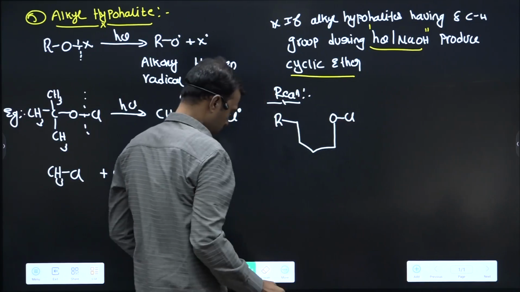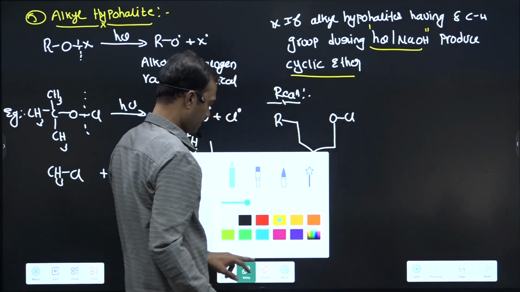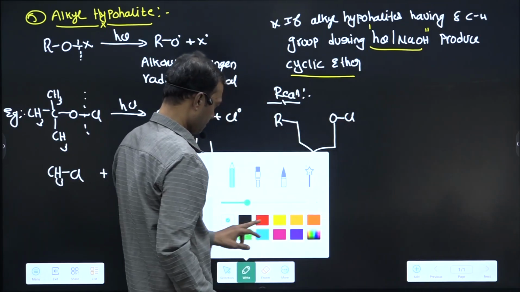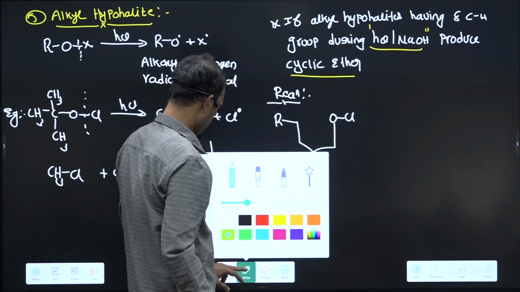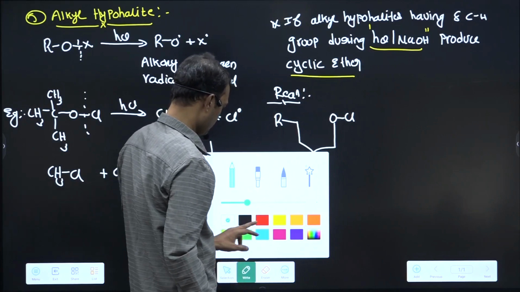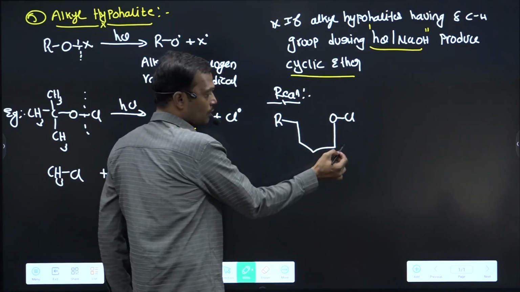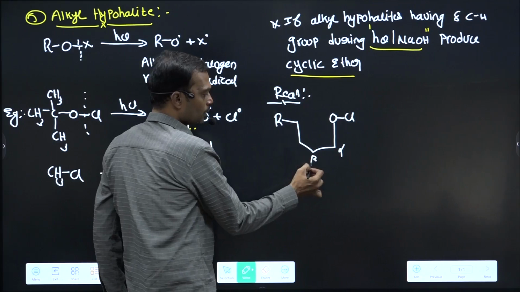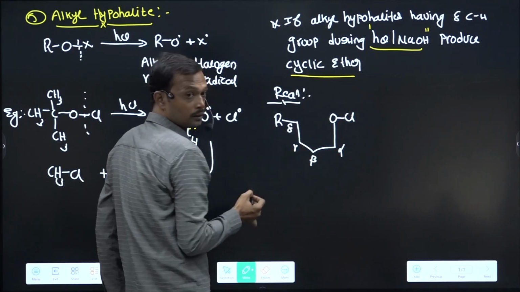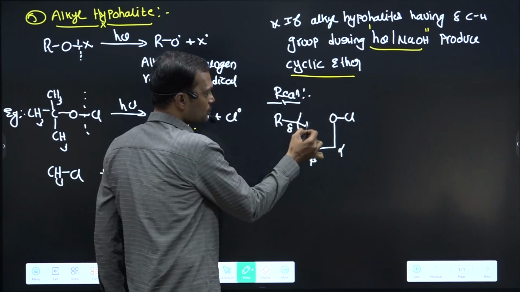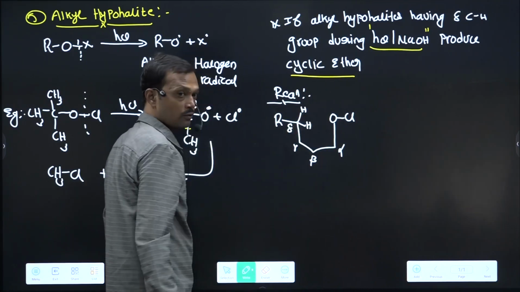Okay, so see the reaction. What is this group? Is it alpha? This is beta, gamma, and what is this? Delta. Delta carries how many hydrogens? 2. Minimum 1 is required.